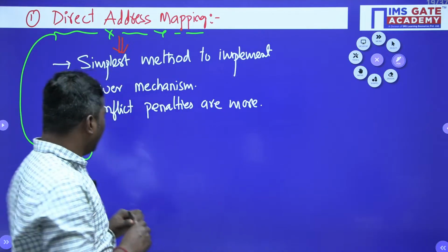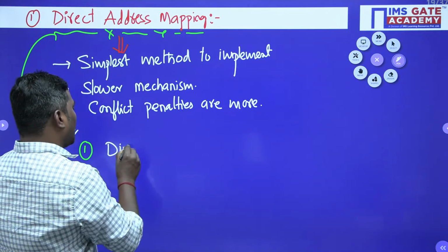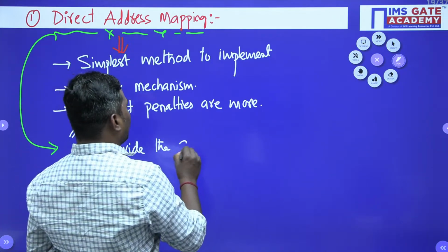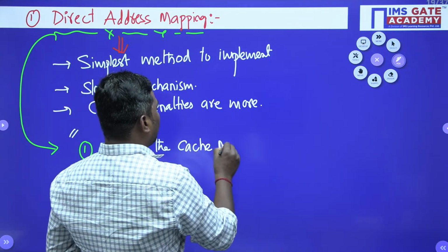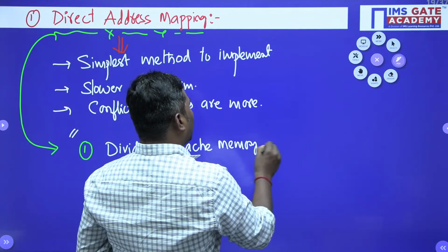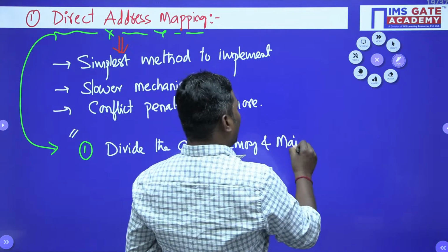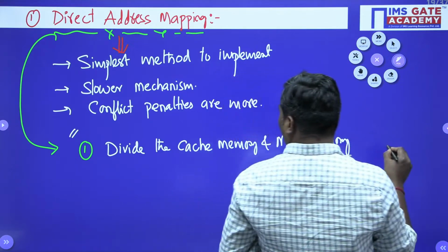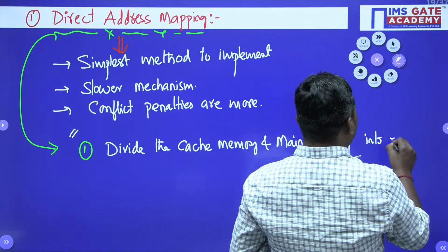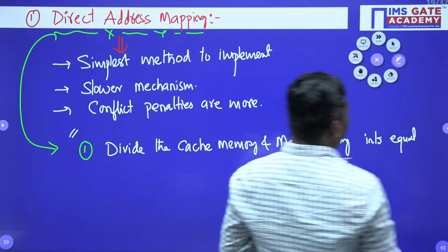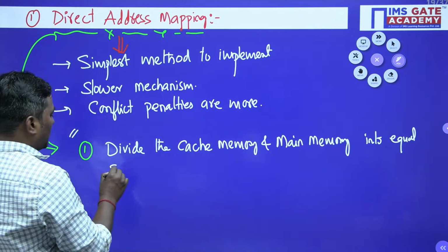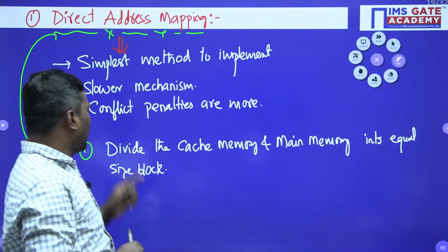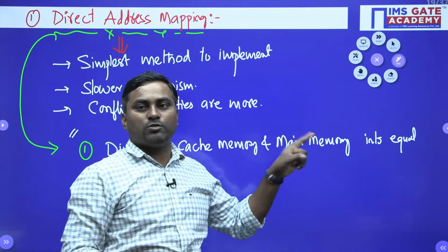Step number 1: divide the cache memory and main memory into equal sized blocks.